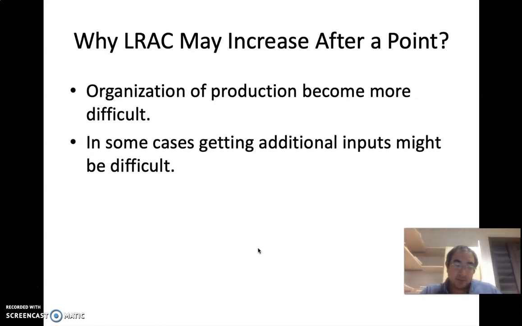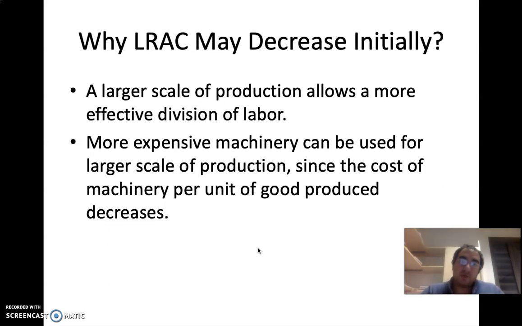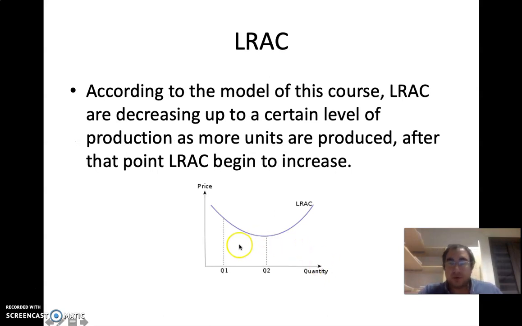Well, in advanced courses, instead of this type of curve, you have a constant return to scale curve, which is basically a line, not a U-shaped curve. But in this course, based on this reasoning, and in the original book of Marshall, it was stated like that.